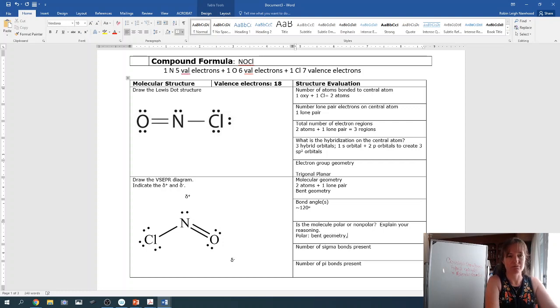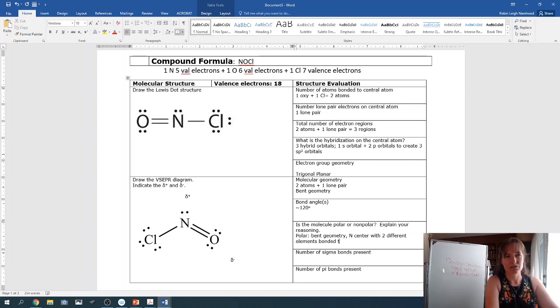That's the first reason. The second reason is because it has nitrogen in the center with two different elements bonded to it, and nitrogen has a lone pair. All of those make the molecule polar.